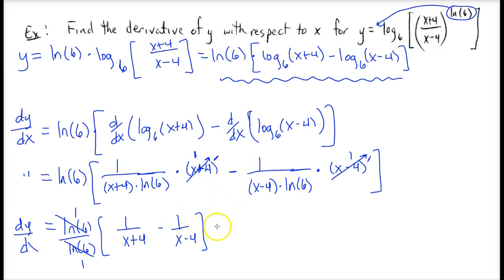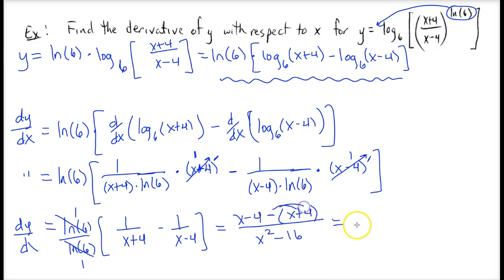And we'll just rewrite that as one quotient. And so we'll multiply numerator and denominator by x minus 4 in the first term and x plus 4 in the second term. And if we do that, we end up getting the following here. And again, x plus 4 times x minus 4 is the LCD, which is x squared minus 16 when we multiply it out.